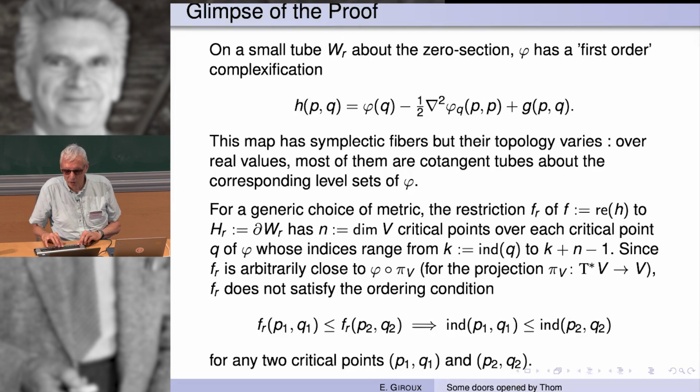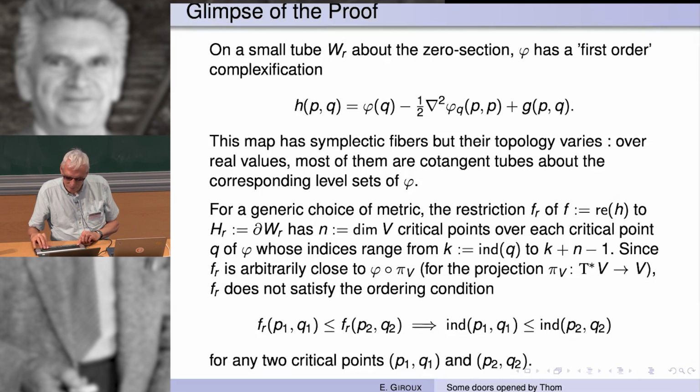The difference is the following: over each critical point of the initial function, you now have n critical points, or maybe I should say twice more, because when you take a generic non-degenerate quadratic form on a sphere in dimension n, it has 2n critical points. And so that's what's happening here. So I forgot this factor n, but it's better to forget about it.